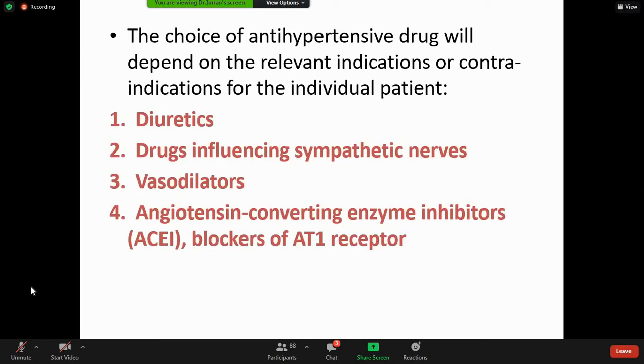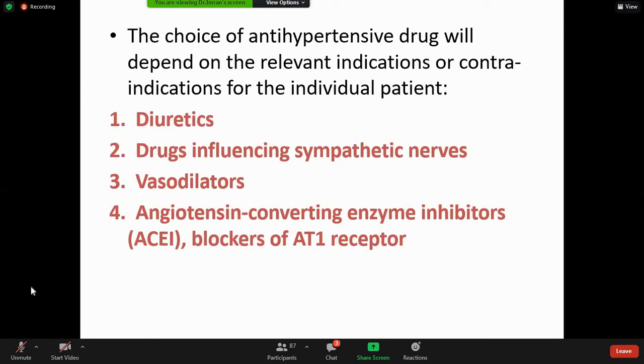For mild to moderate hypertension, we can use the diuretics. It's a big group. You know, there are different subgroups or classifications of diuretics, like thiazide diuretics, loop diuretics, potassium sparing diuretics, carbonic anhydrase inhibitors, and osmotic diuretics.